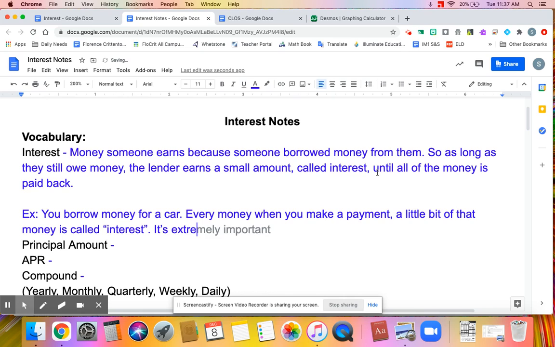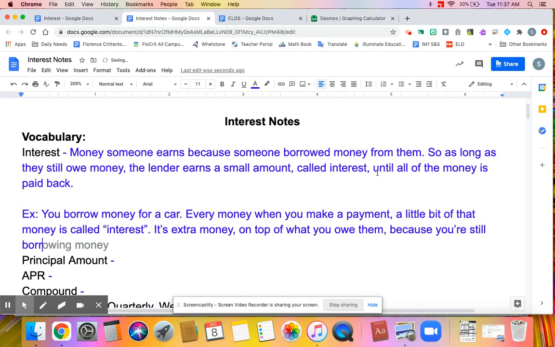It's extra money on top of what you owe them, because you're still borrowing money. So this is true. Interest gets applied any time you borrow money ever. If you want to borrow money for a car from the bank, if you want to take out a loan for a house, if you want to take out a loan for college, anytime you're trying to borrow money from anybody, they always are going to charge you interest.